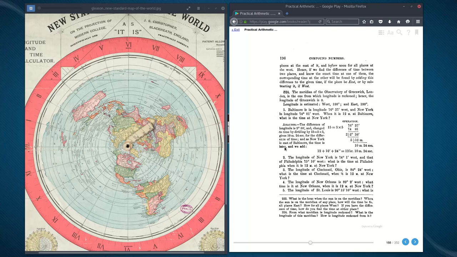As New York is east of Baltimore, the time is later, and we would add. So 12 plus 10 minutes 24 seconds equals 12 midnight, 10 minutes, 24 seconds. So 10 minutes, 24 seconds after midnight is the difference in time by using that method.